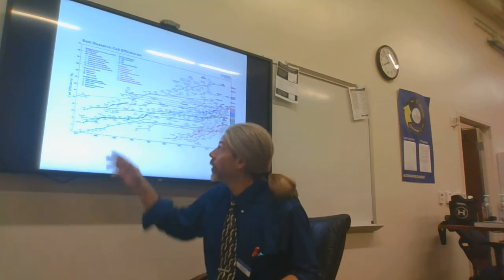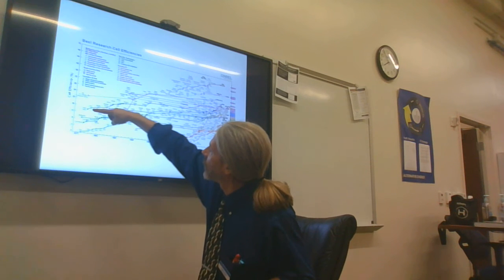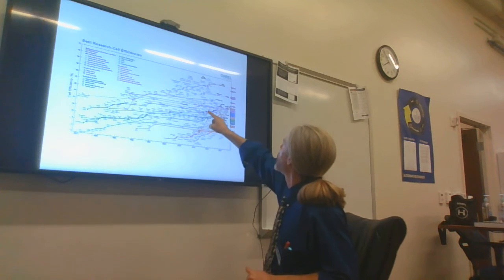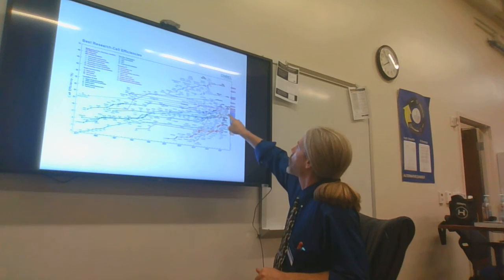That panel's over there. Monocrystalline cell. We were looking at about 14% efficiency whenever I was born. Today, that same monocrystalline cell is at about 26% efficiency.